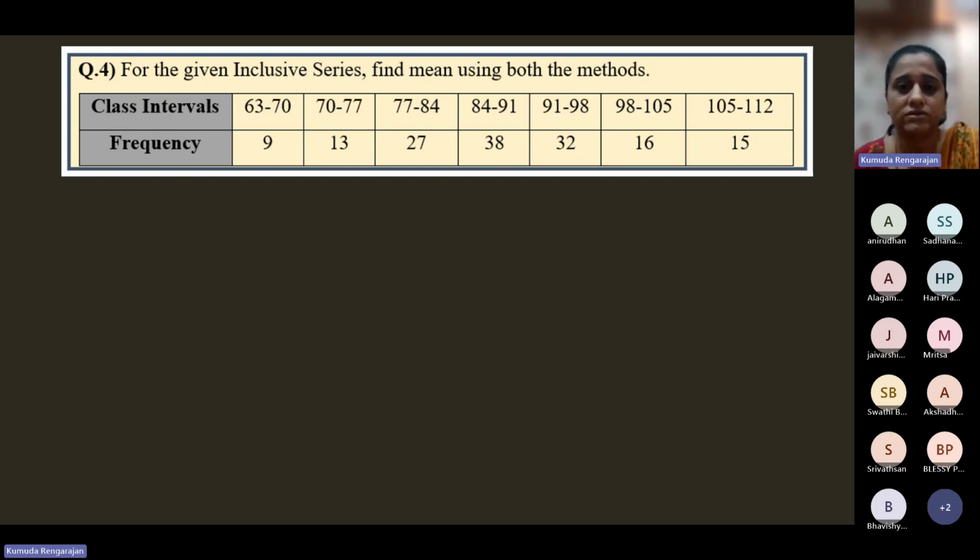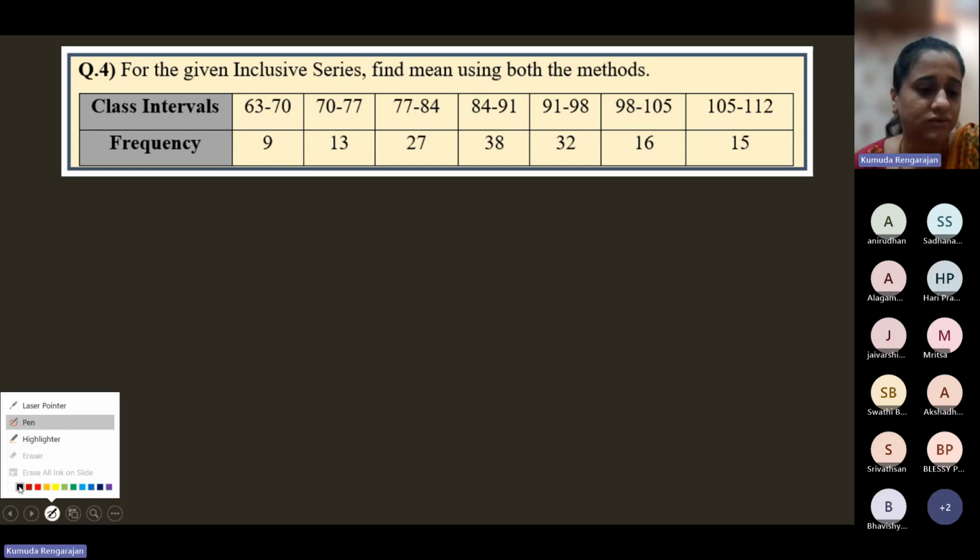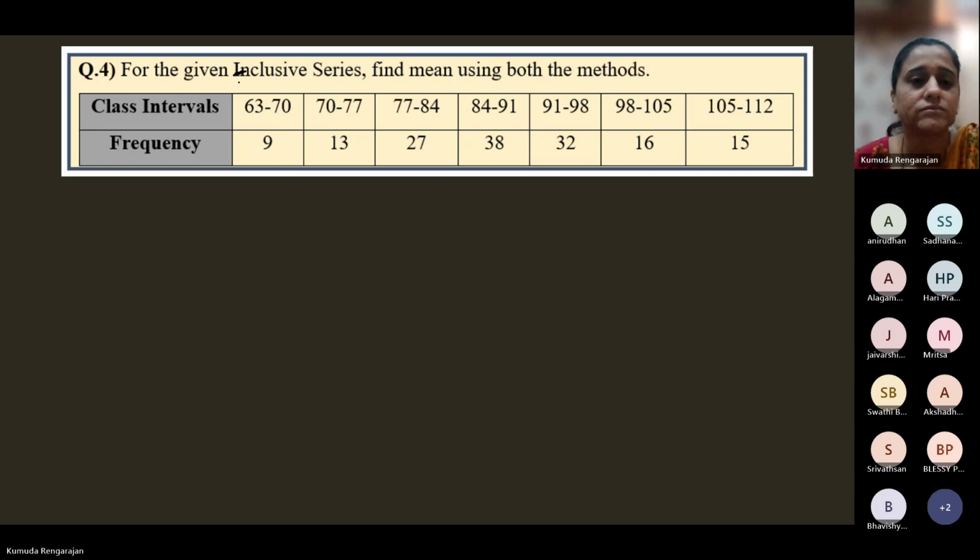This is the third one for you: 1, 2, this is the third one. This is not an inclusive series, it's an exclusive series, because the upper limit is excluded from the class interval.